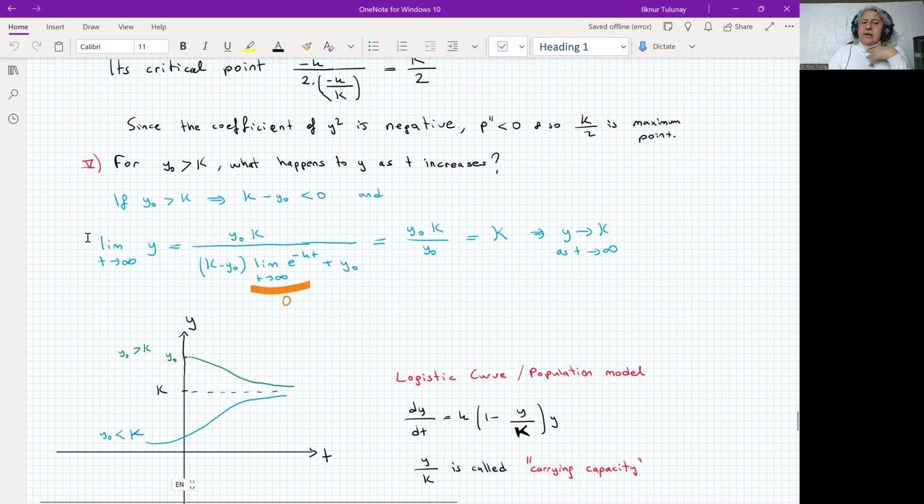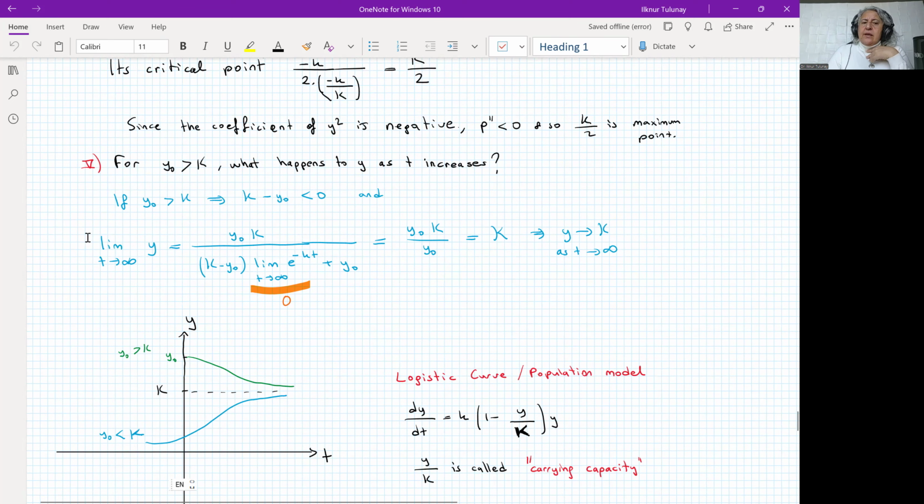And in the section we did above, when y0 is smaller than k, it approaches k again, but from below. Both approach k, so in the long run the y values approach k. This is nothing to do with what we've done in the question; this is just general knowledge.